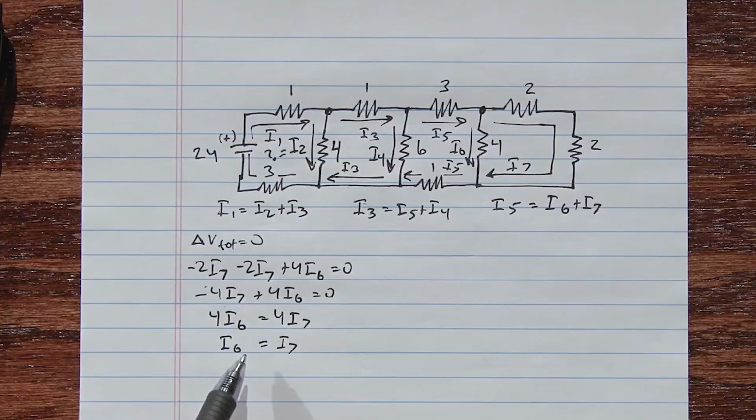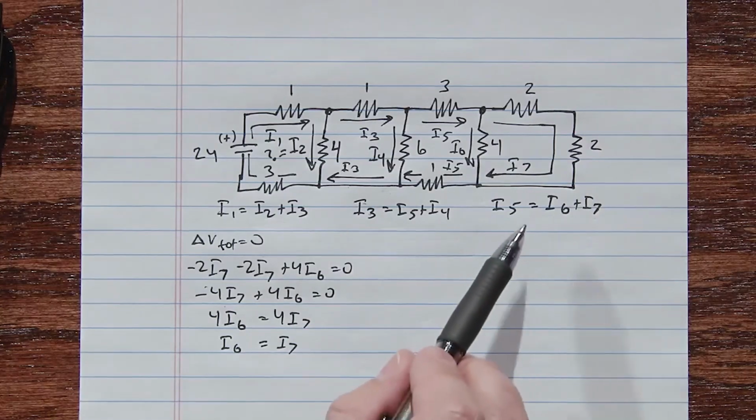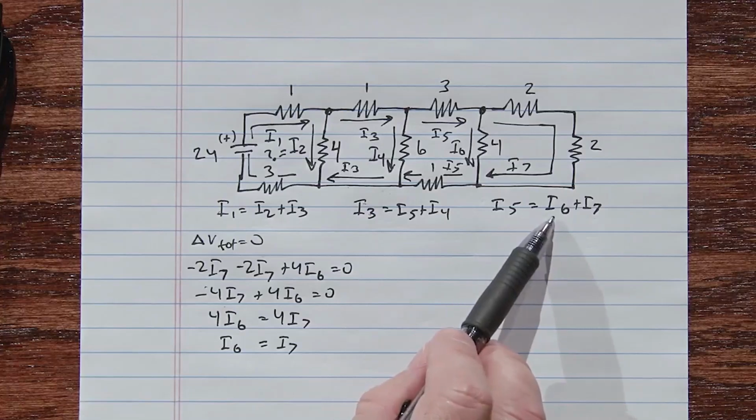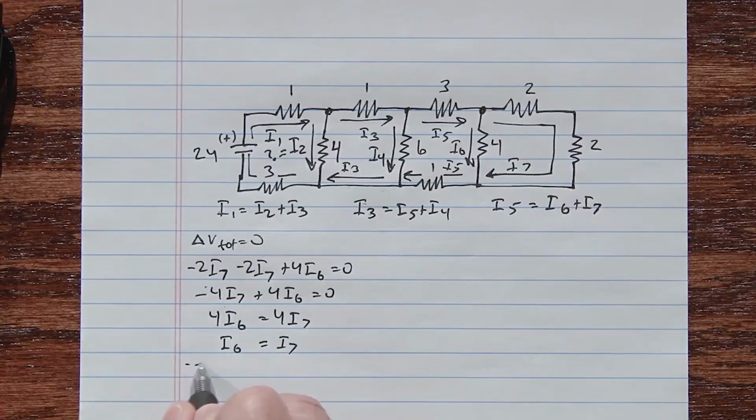And that's all we're really going to need to know. We don't need to know what I6 and I7 are, but this relationship is what's going to help us as we move from right to left across the circuit, because we know that I5 is equal to I6 plus I7. I'll rewrite that here.